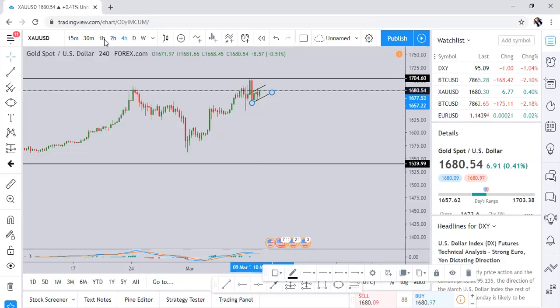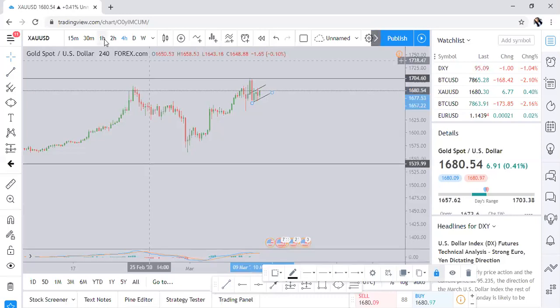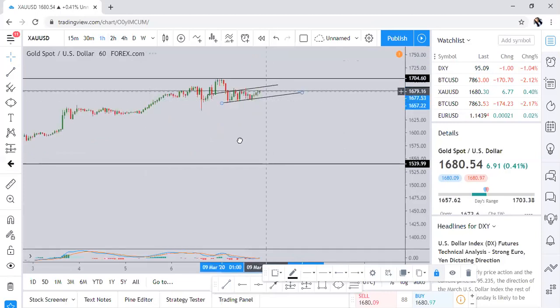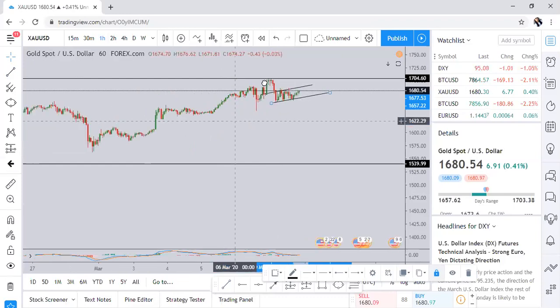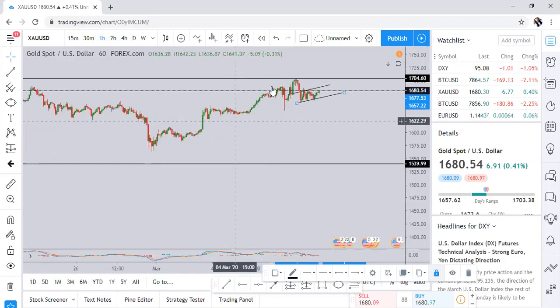So switching this to the 1 hour time frame to have a better view of that consolidation happening around here, you can see clearly now that we have a flag.